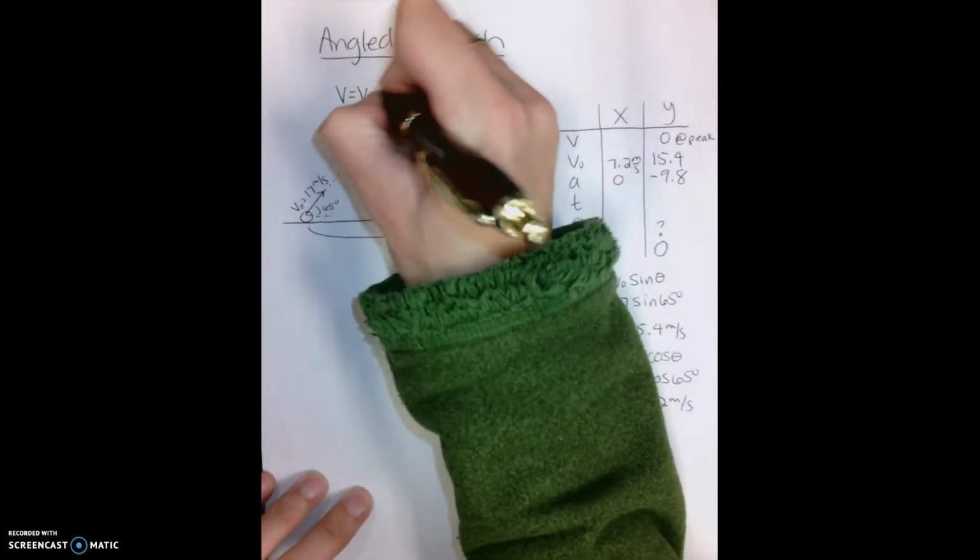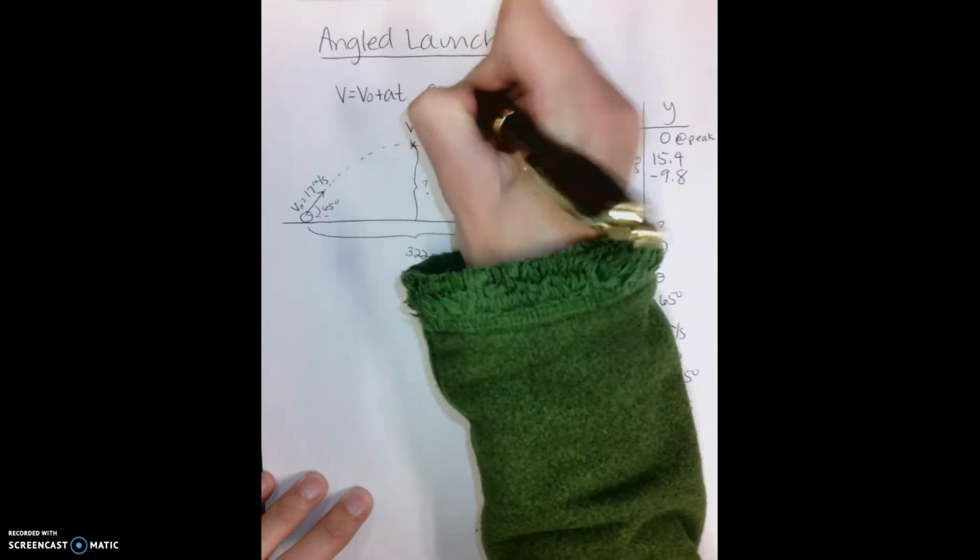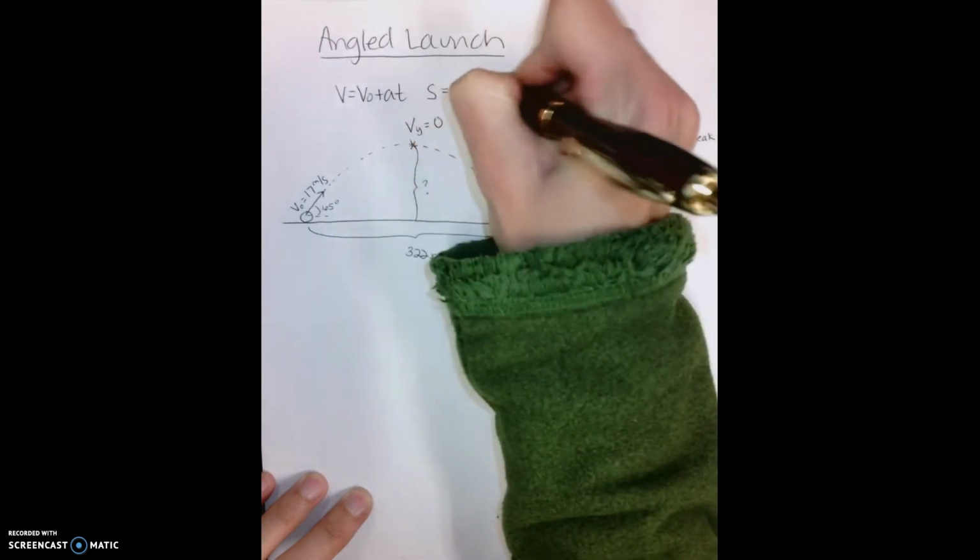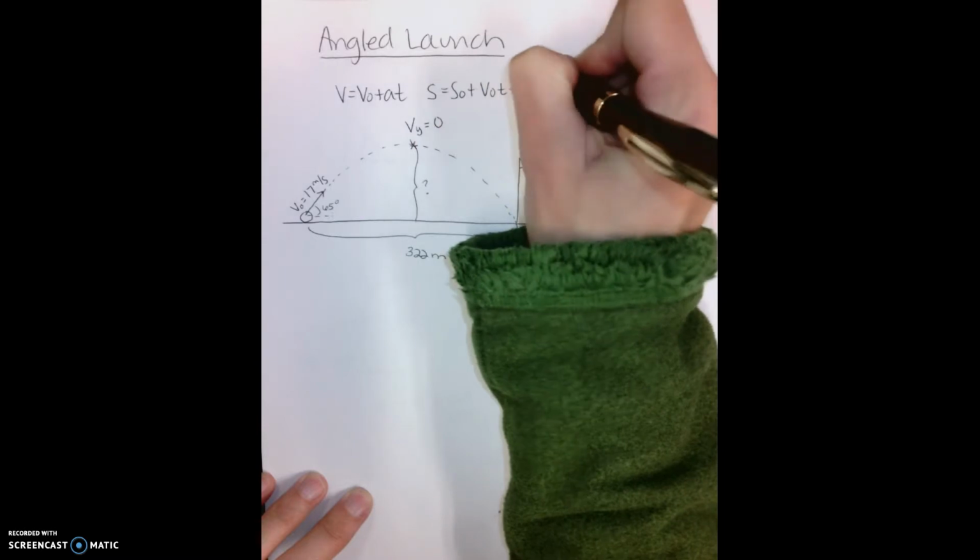Here are my equations. V equals V naught plus AT. S is equal to S naught plus V0T plus 1/2 AT squared.